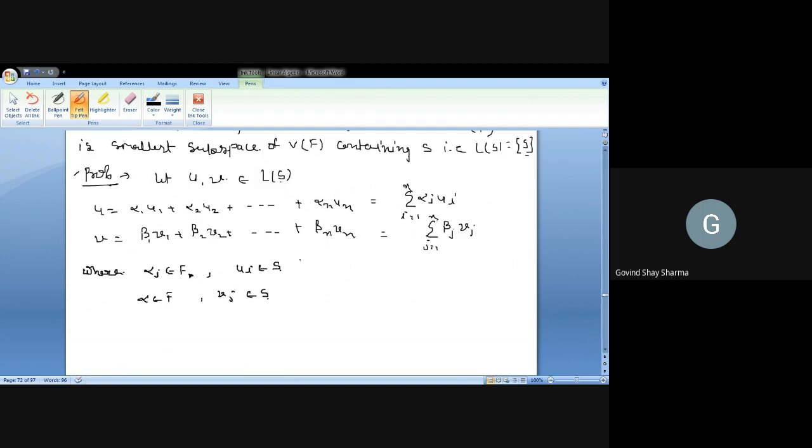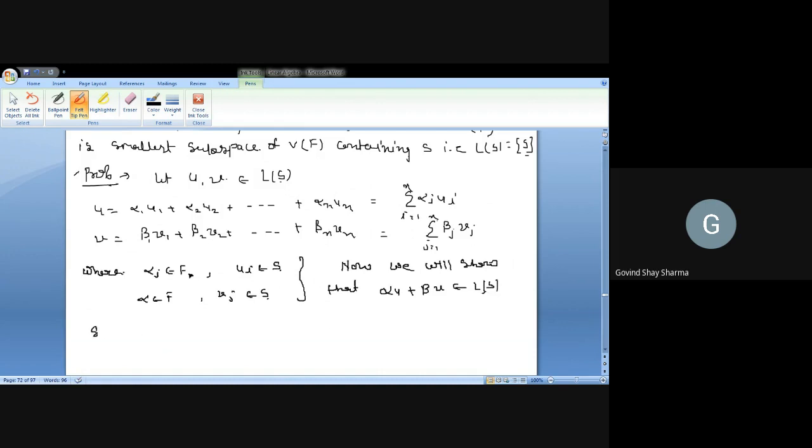Now we will show that alpha u plus beta v belongs to the span.